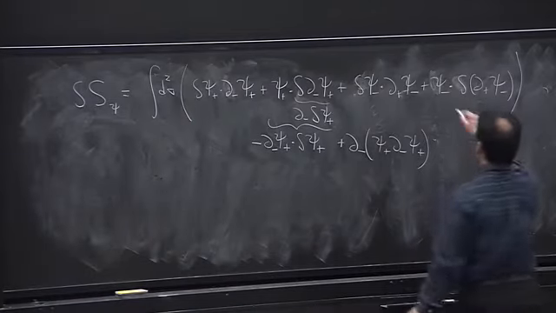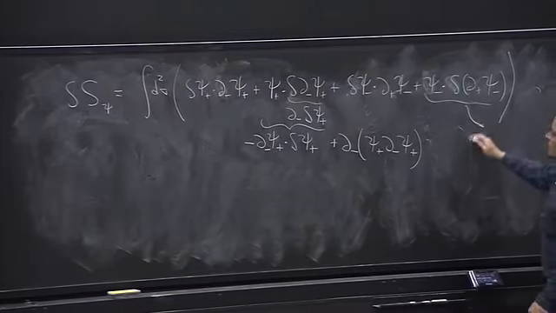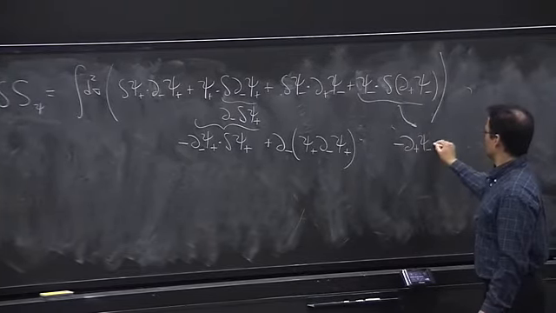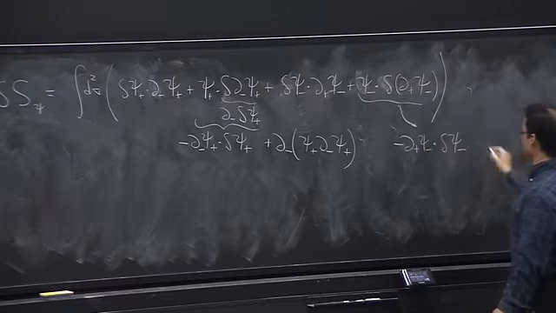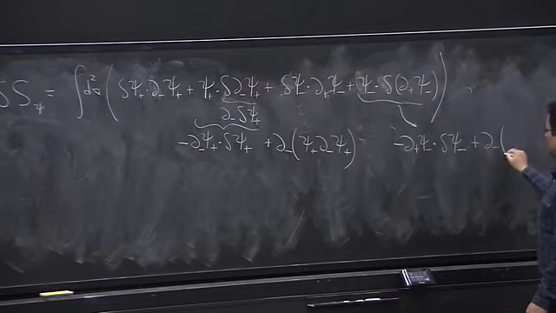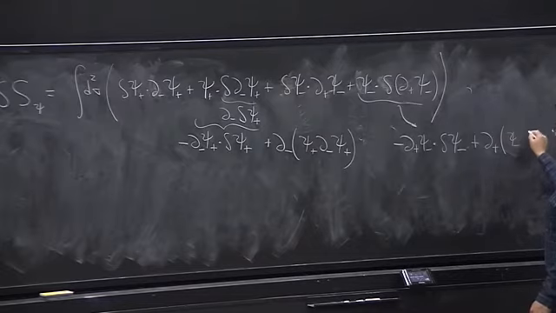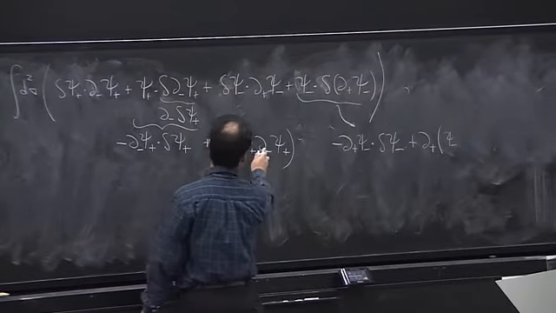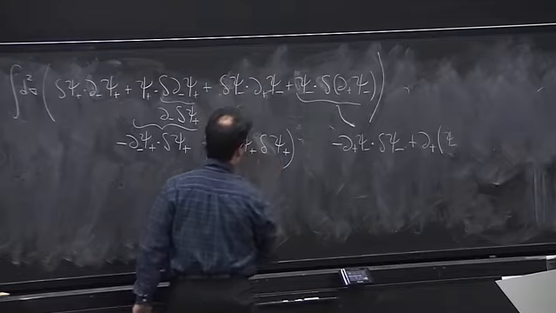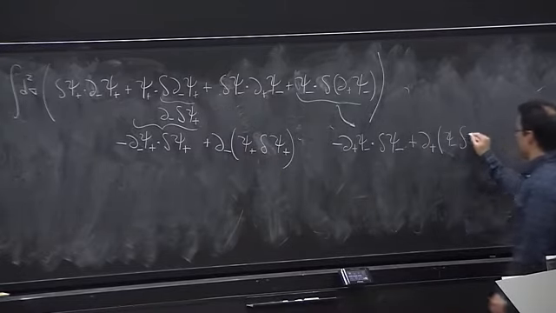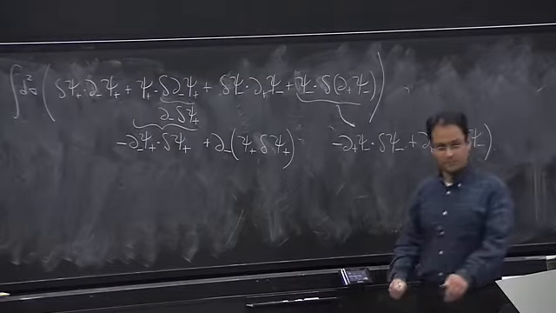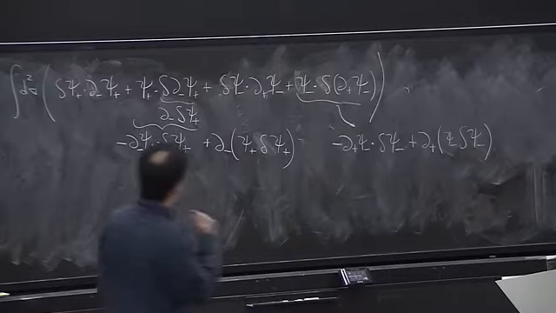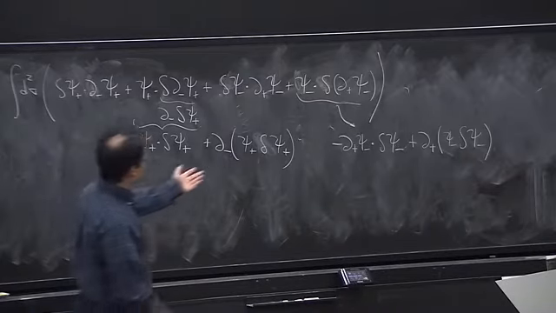The same thing for this guy. We integrate by parts and we get plus psi minus. Sorry, this is a delta, right? Very good, thank you. So these are the guys that will give us the boundary conditions.